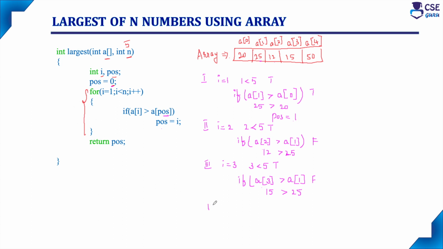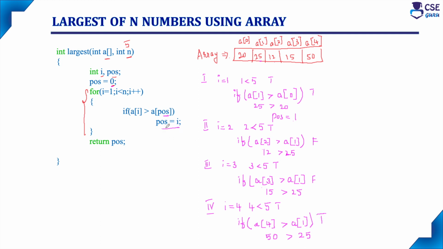Then fourth iteration, i is equal to 4. Check the condition whether 4 less than 5. Condition is true, and it will allow the if statement to execute once. Here, check whether A of fourth position value is greater than A of position. Position value is 1, A of first position value. So, A of fourth position value is 50 and A of first position value is 25. 50 greater than 25, condition true.